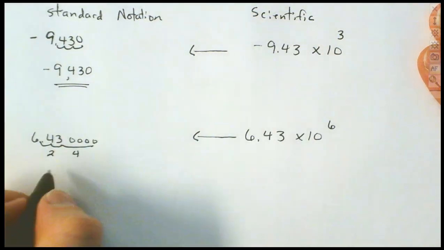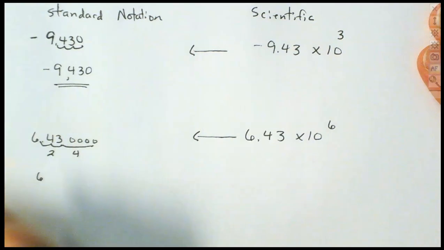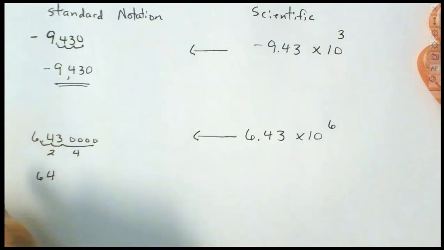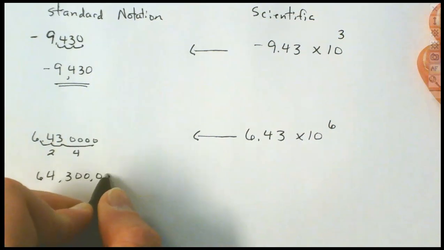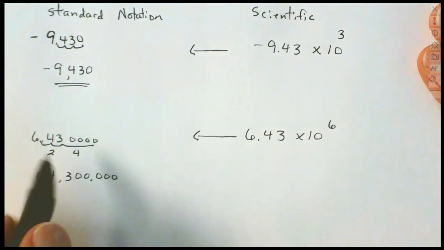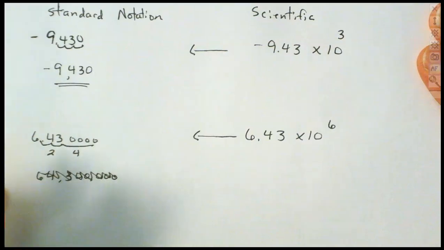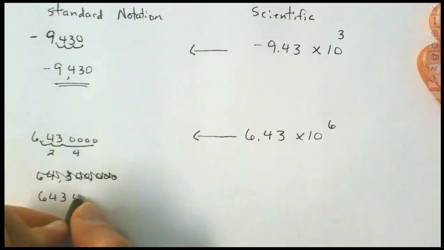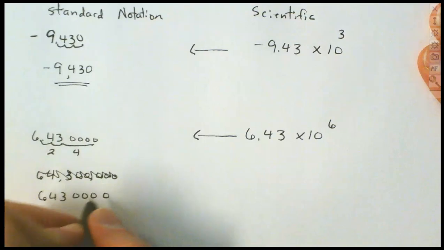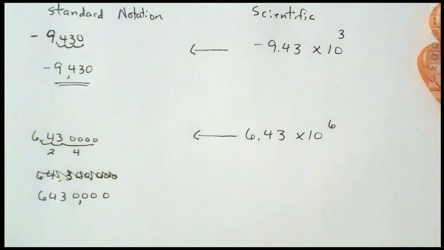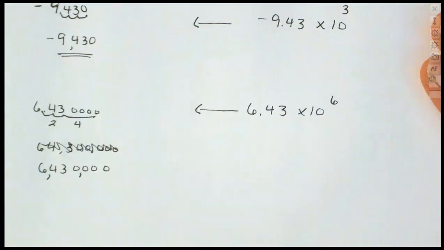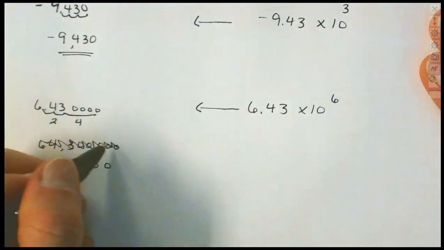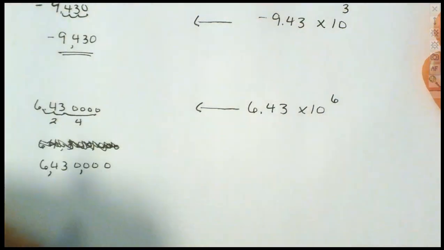So it looks like that's going to now be 64,300,000. Nope, let me write the correct number of zeros here. Sorry about that. There we go. So it's 6,430,000. Sorry about that. That's what your answer would be in standard notation.